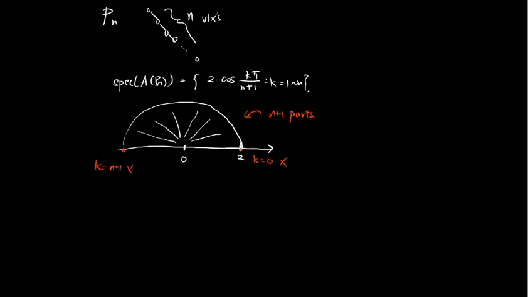This is also not what we wanted. What we wanted is this part. This is k equal to 1, pi over n plus 1, and this is k equal to n, to this side. So you will see that these are the eigenvalues.